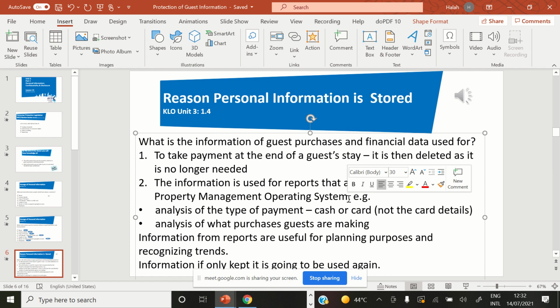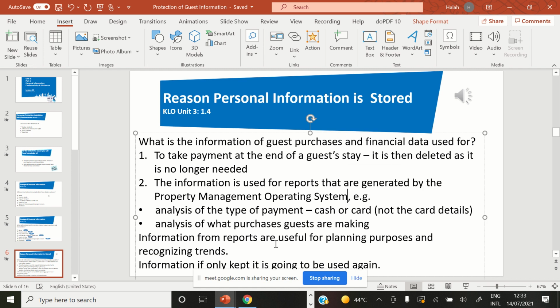Also, you can create a report regarding which services are most required by the guests, and what the rush time of the hotel is. So you can create different reports by using the information taken from the guest.